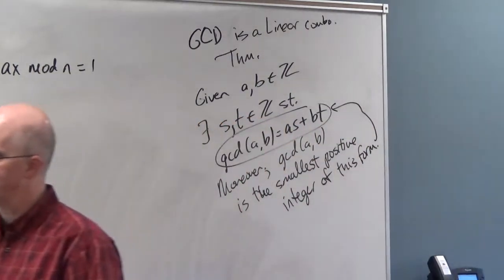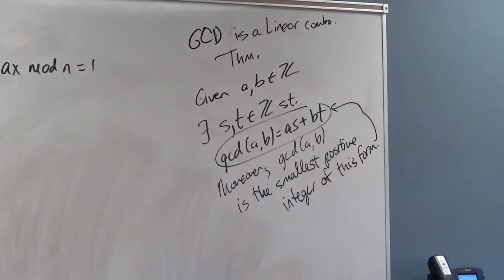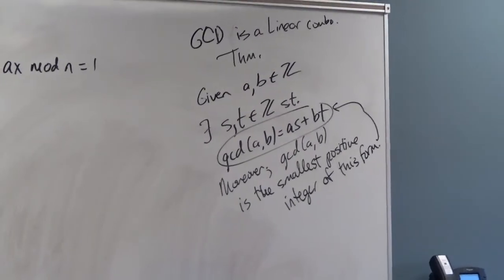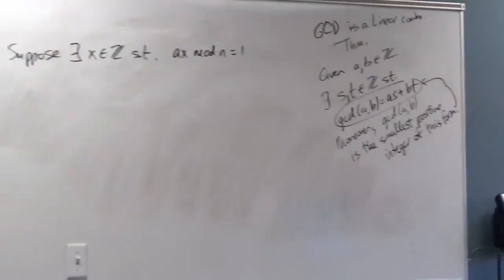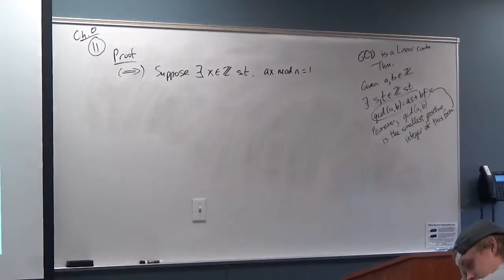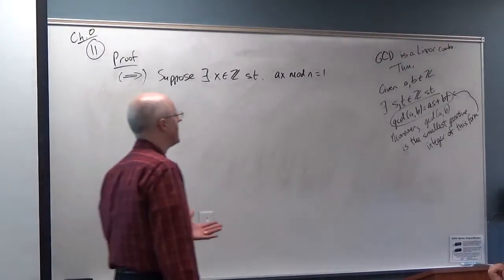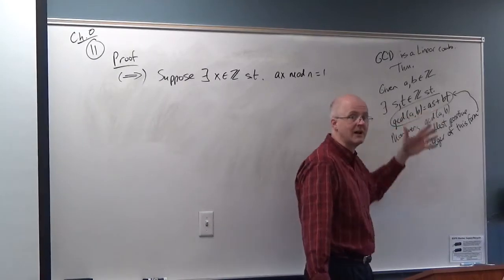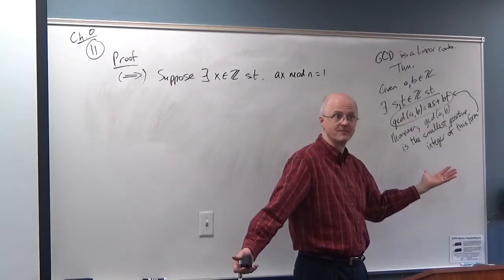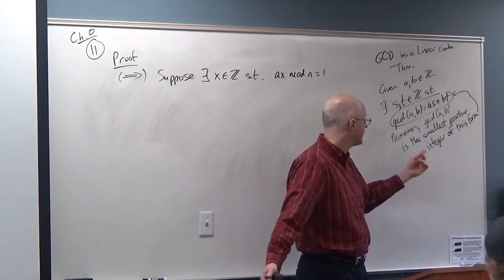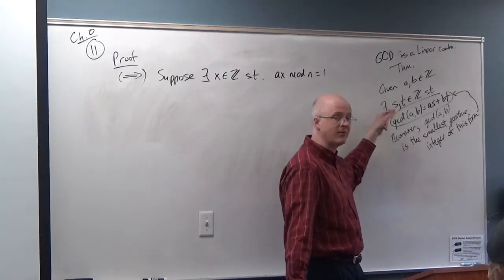So, this is really important to realize. You can show that the GCD of two numbers is 1 by finding a linear combination of those two numbers that equals 1, because 1 is the smallest positive integer. And the GCD is the smallest positive integer of that form.